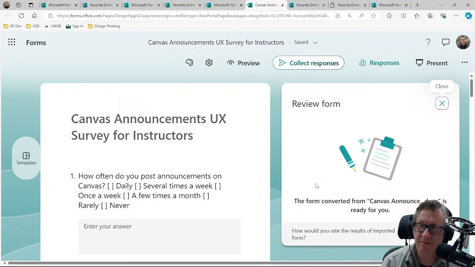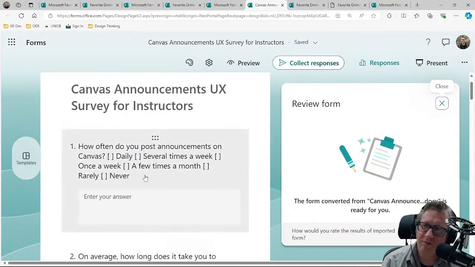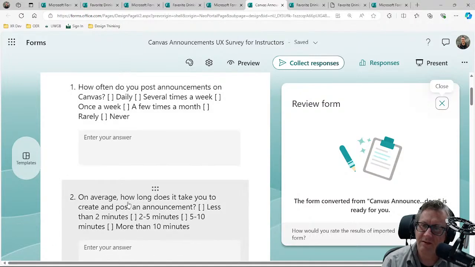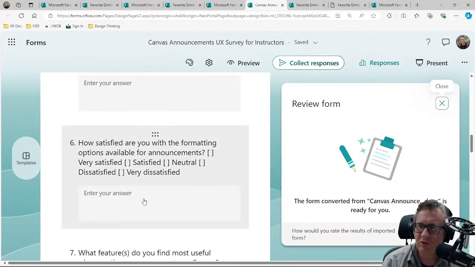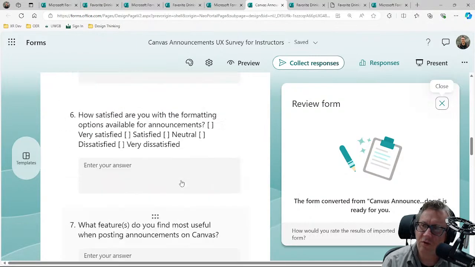Yeah, see, that's not quite what I was looking for. It imports it, but I was kind of hoping it would automatically generate multiple choice answers from that. That's just too bad, but obviously the more open-ended questions are good to go.